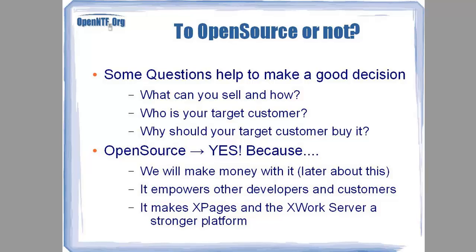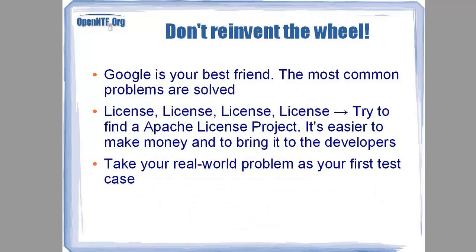Now, let's talk about the building process. First, don't reinvent the wheel. Google is definitely your best friend when you have a problem to solve. So we saw in our first solutions that Apache Poi would be the project that we want to use, because it's very well known in the community.